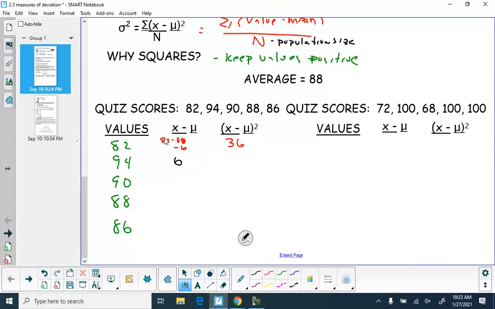And then we square that, 36. 90 minus 88, which is 2. Squaring that, we get 4. 88 minus 88, we get 0. And then 86 minus 88, we get -2. And then we square that, we get 4.